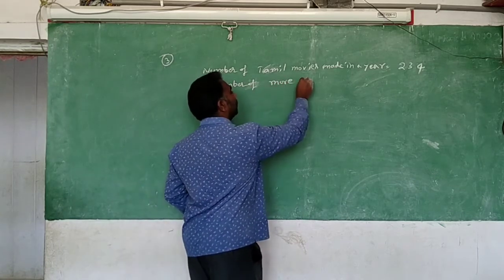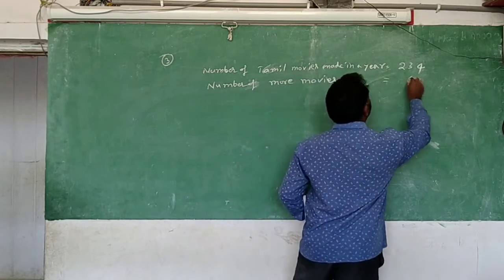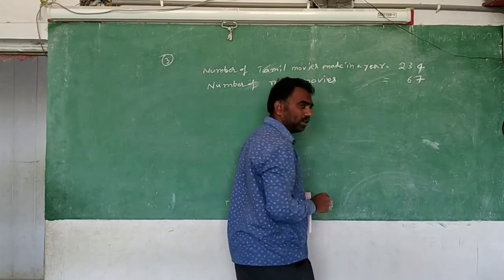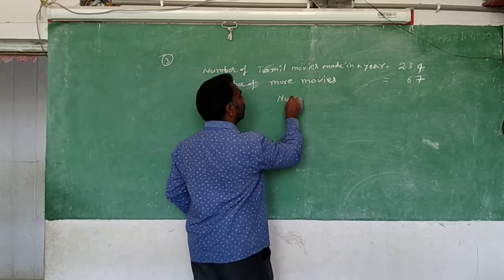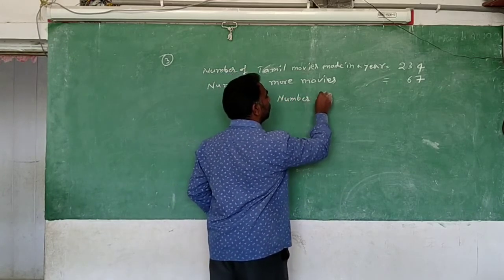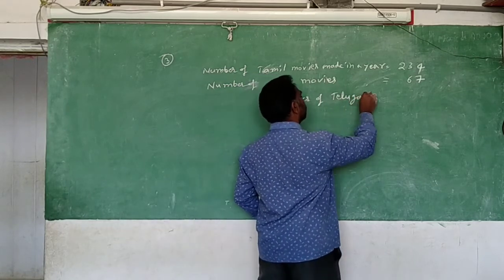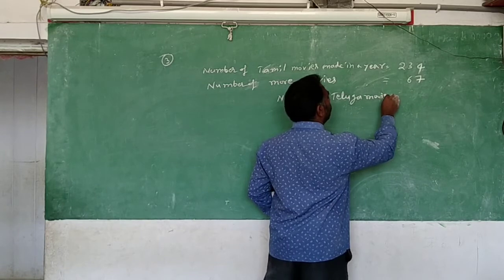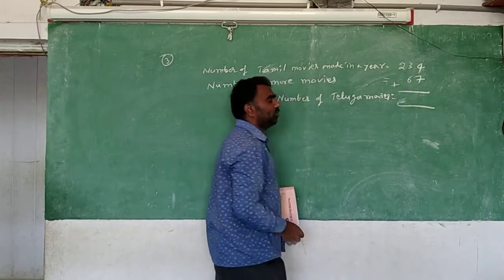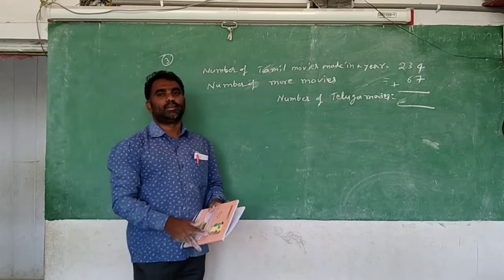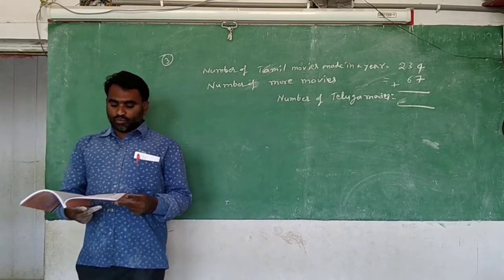Number of how many more movies are there? Yes, 67. Now what are you going to find now? Number of Telugu movies. So what do you do to find it? Yes, very good. Addition. So do the addition and write the answer. Okay, if you understand this, now we will go for the fourth one.